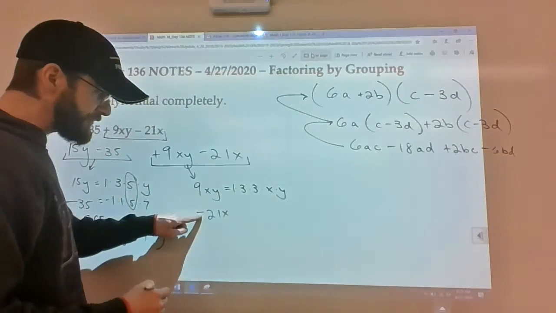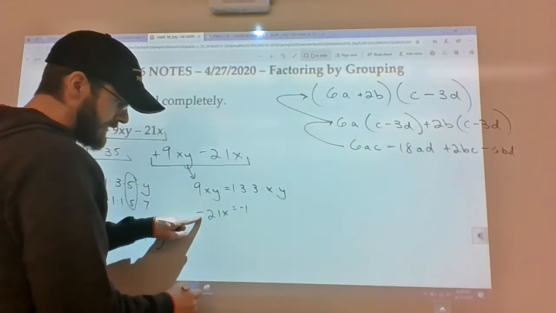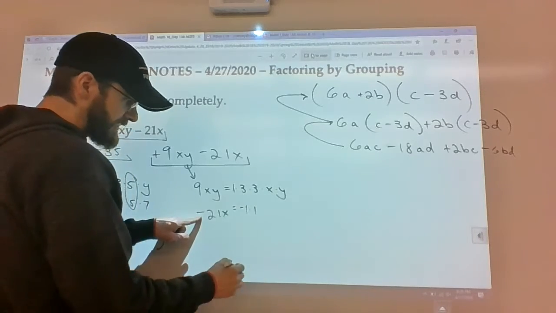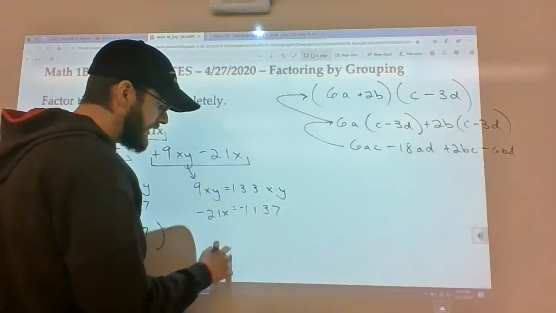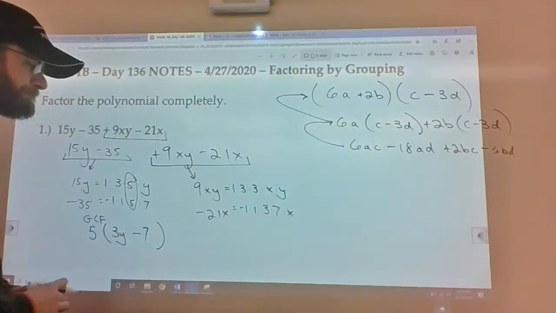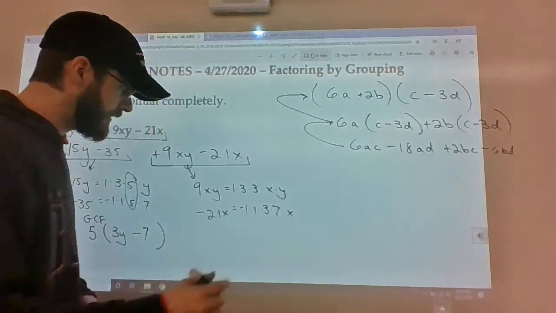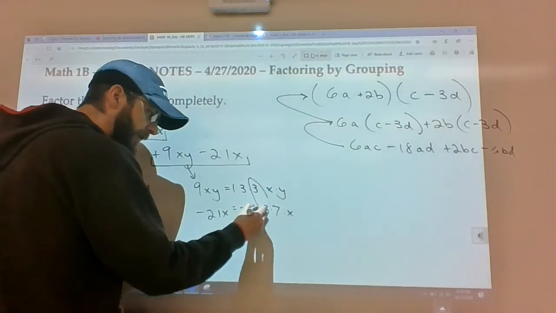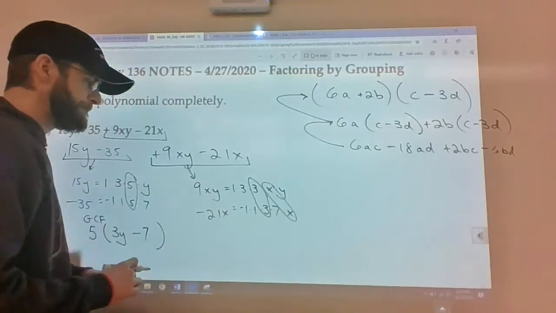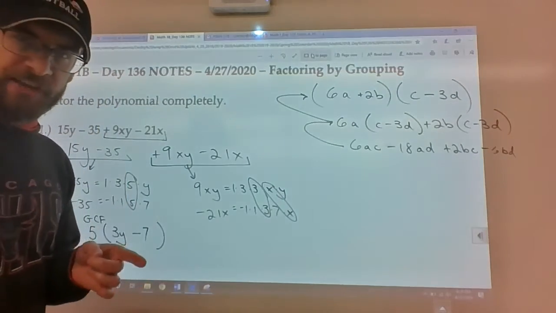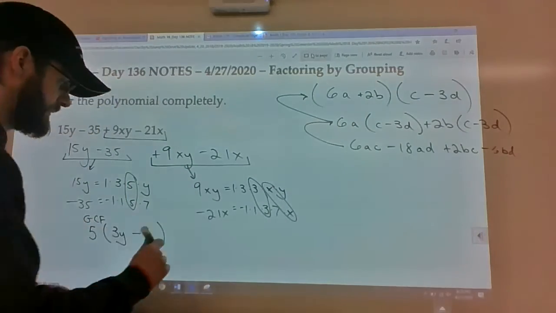Negative 21x is negative 1 times 1 times 21's 3 times 7. And then there's an x at the tail end. Circle what they share. So they share a pair of 3's, and they share x. So that means that our GCF of the second group is 3x.